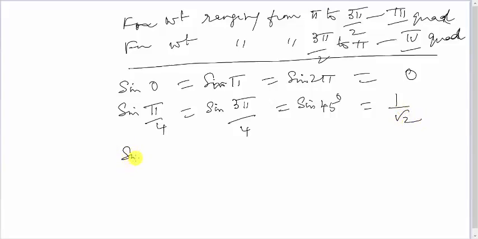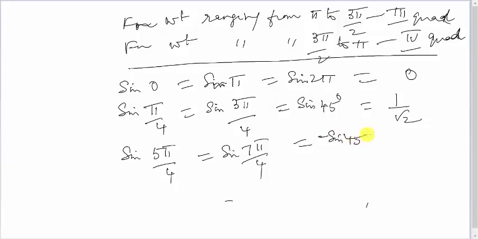Then sine of 5 pi by 4 equal to sine of 7 pi by 4 equal to again minus sine 45, that is equal to minus 1 by root 2.